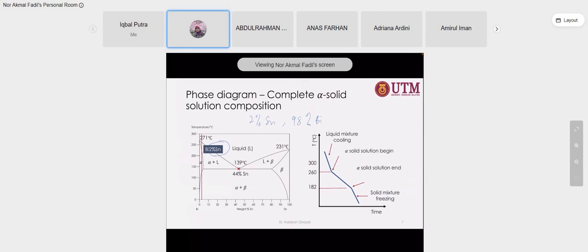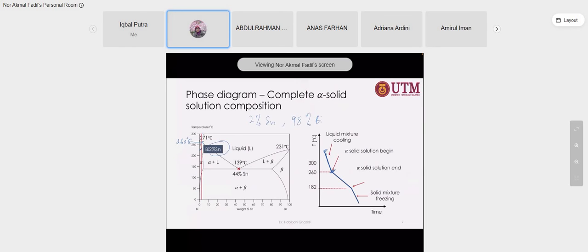For this alloy, if we sketch the phase diagram and the cooling curve, you may see that there is a phase transformation from above 300 degrees Celsius to 260 degrees Celsius, this point.